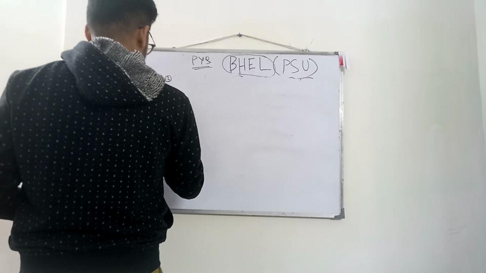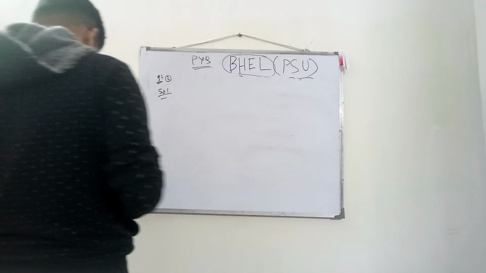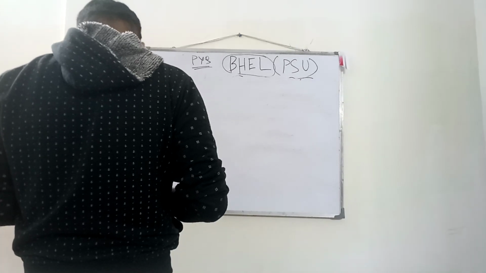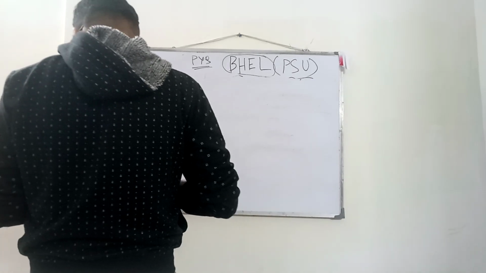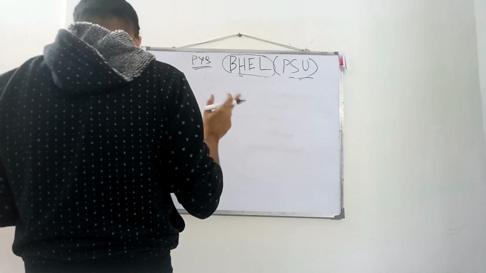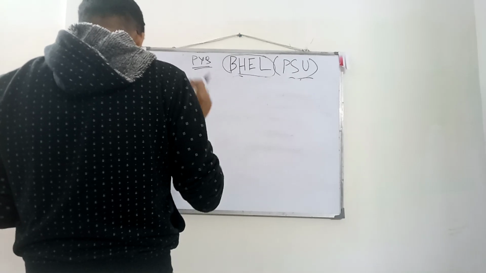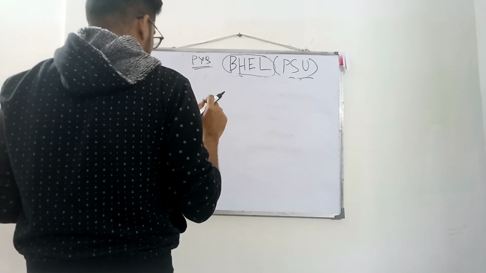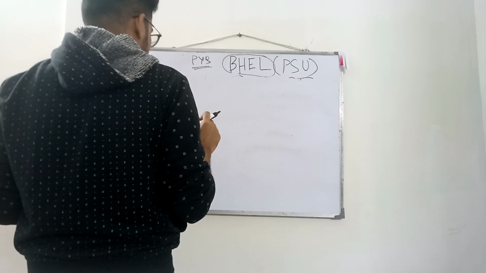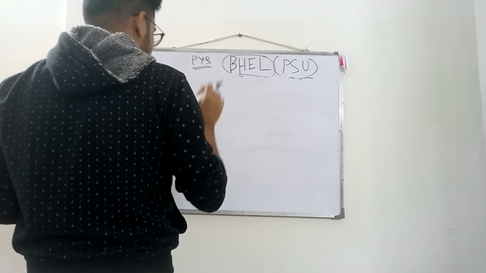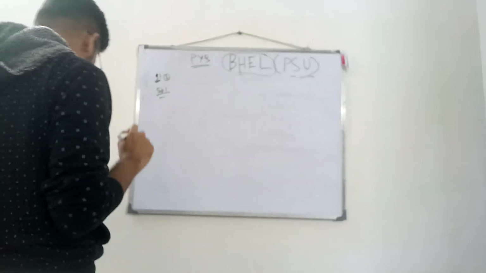Now solve it. Here the value of power: the solid circular shaft of length 4 meter is to transmit 3.5 megawatt. Megawatt is the unit of power.